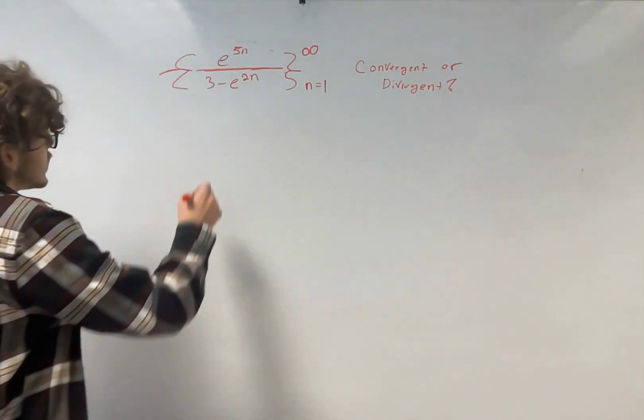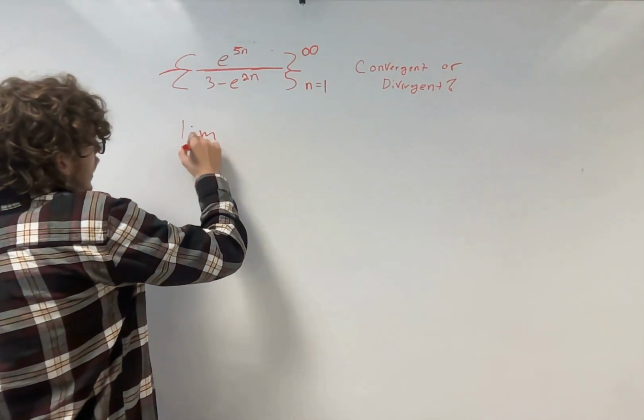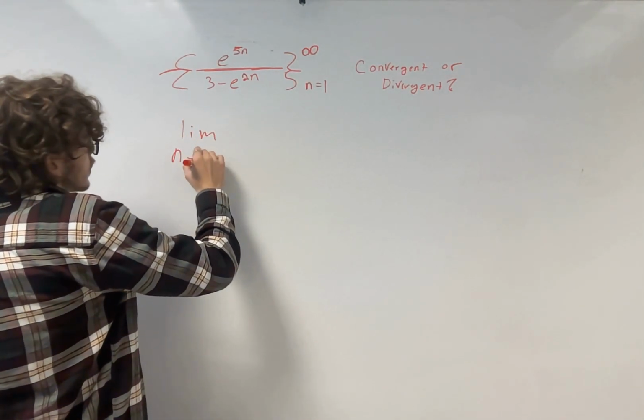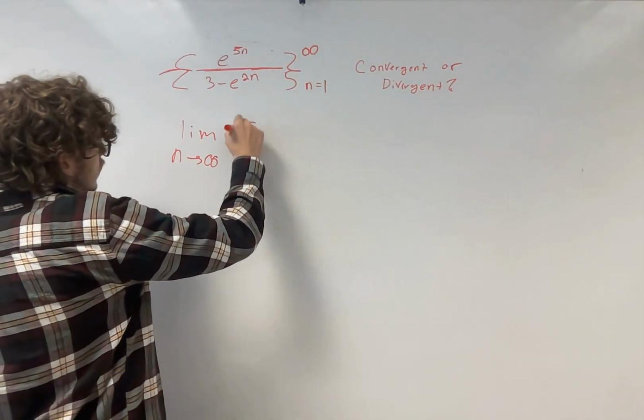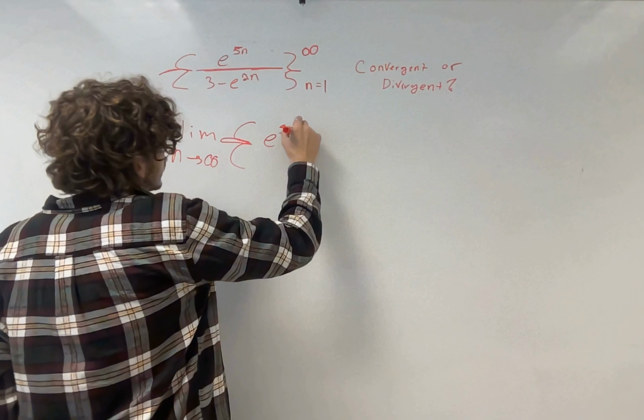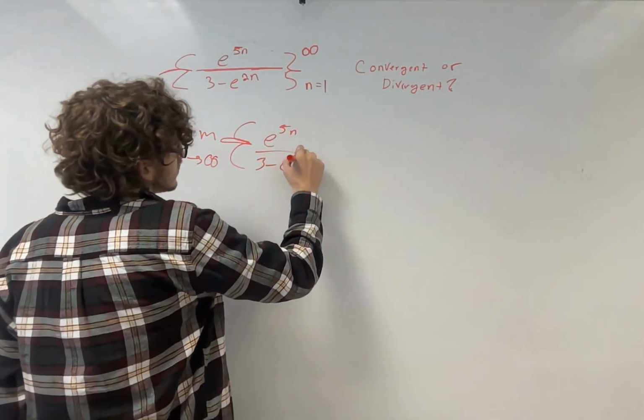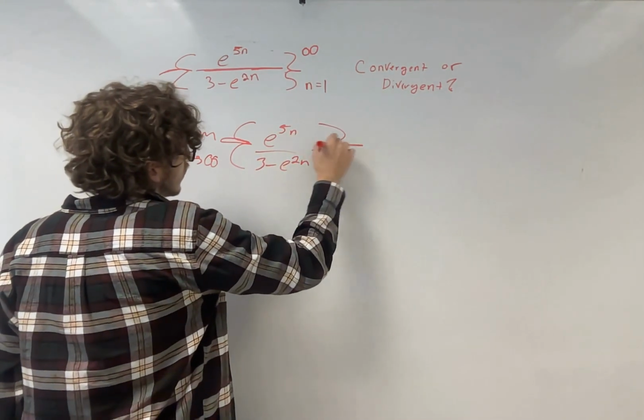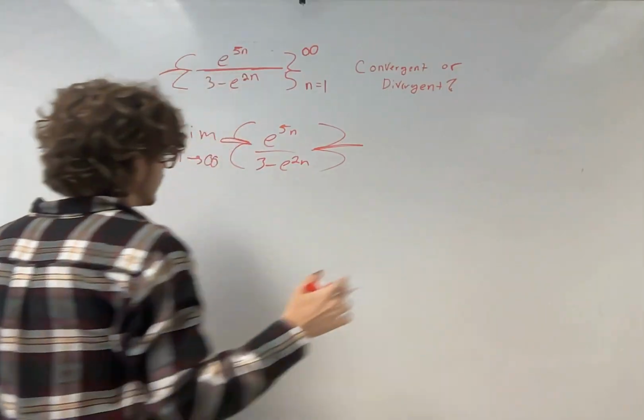To do this, we're going to take a limit as n, our variable, approaches infinity of e to the 5n over 3 minus e to the 2n. So is it converging or diverging?